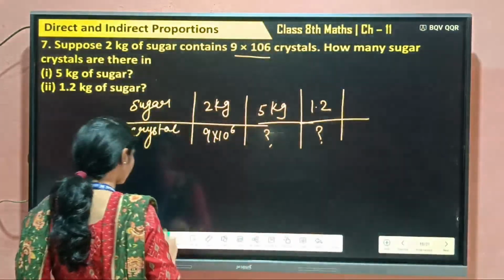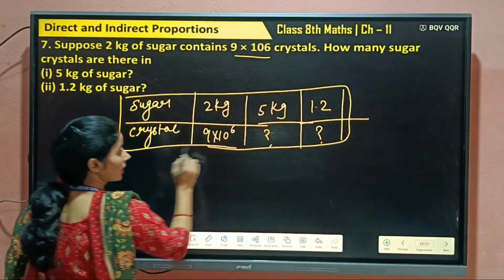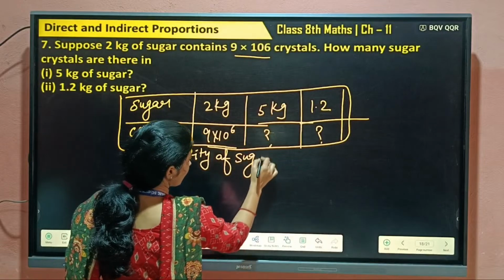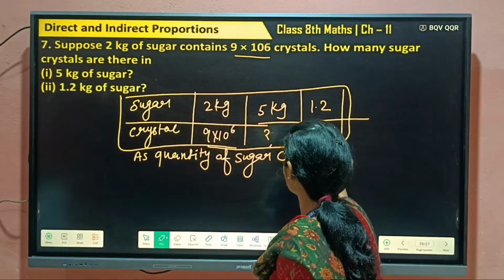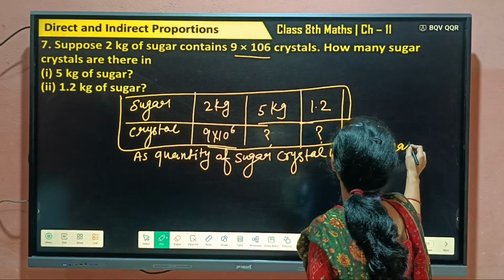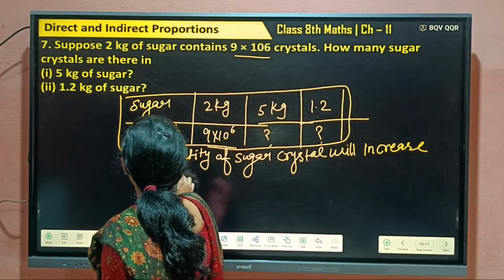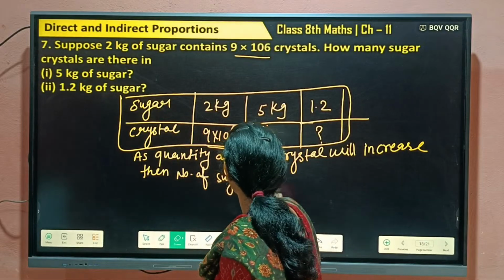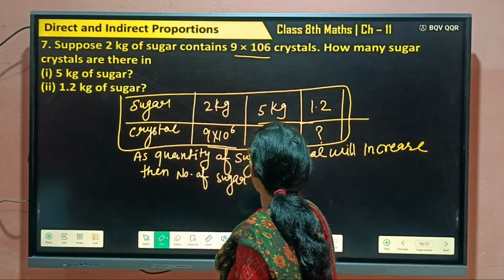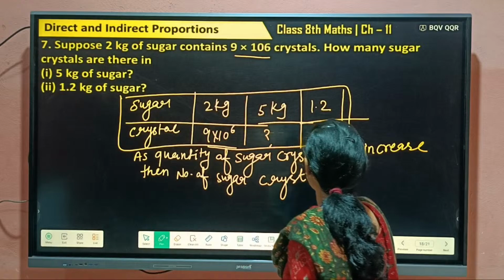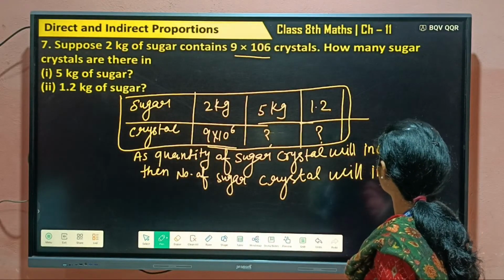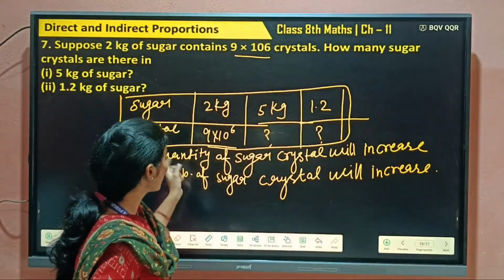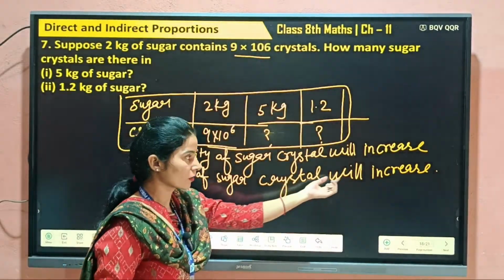You can write: as the quantity of sugar crystal will increase, then the number of sugar crystals will also increase.